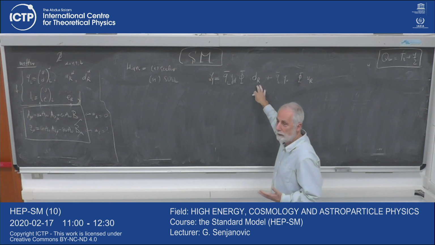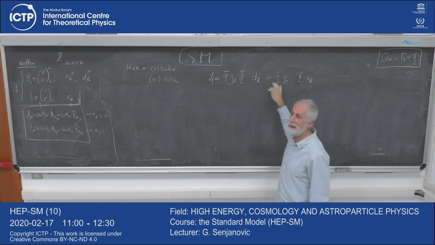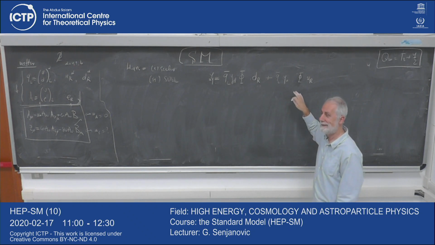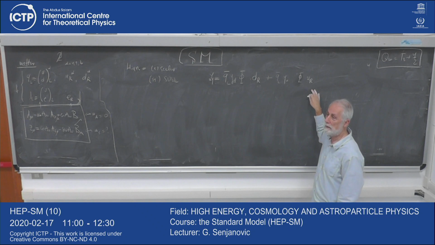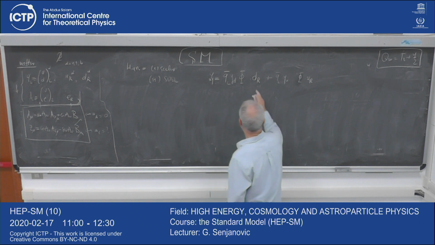This works for sure. That's a definition of phi. I can't fail here. Now, once I define it, I can fail now. Why? Because dR and uR do not have the same hypercharge. If this is invariant, this cannot be. Actually, let's compute it. What is the hypercharge of dR?